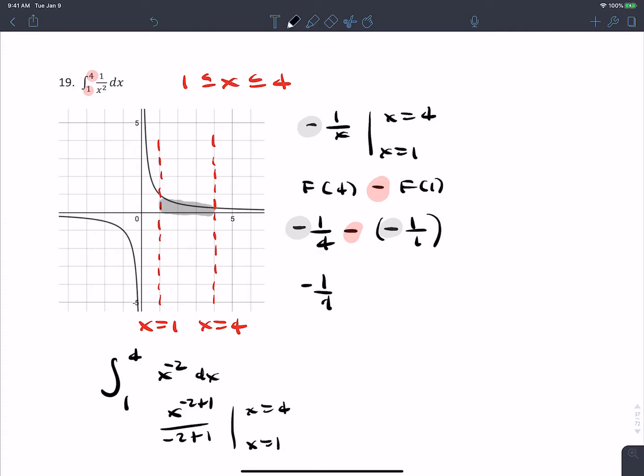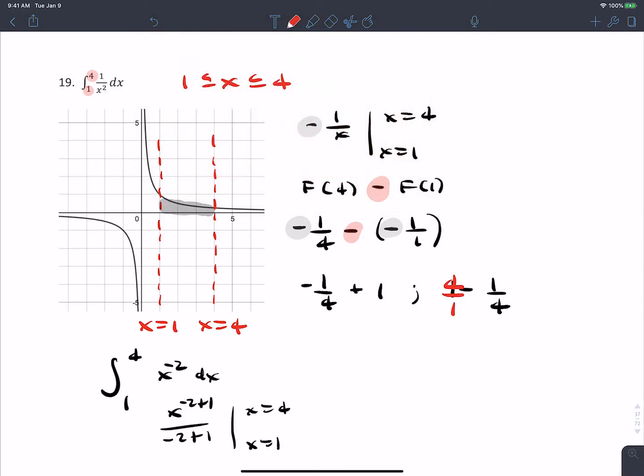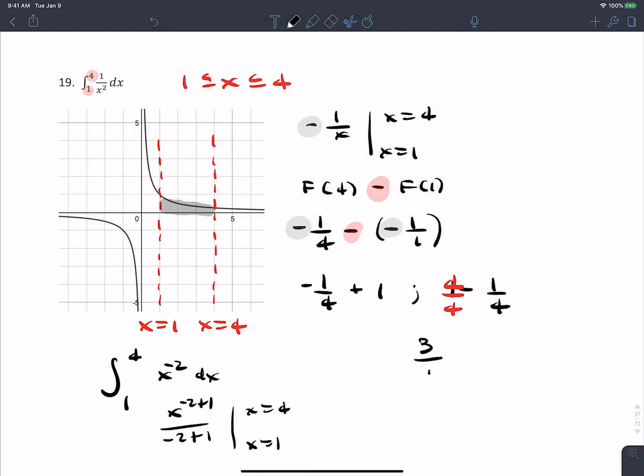So this is negative 1/4 now, plus 1, which is actually 1 minus 1/4 as well. If you guys remember, you could put this as 4 over 4. So the final answer is going to be what? 3 over 4 here. So this area under that curve is 3/4. That's what we just found.